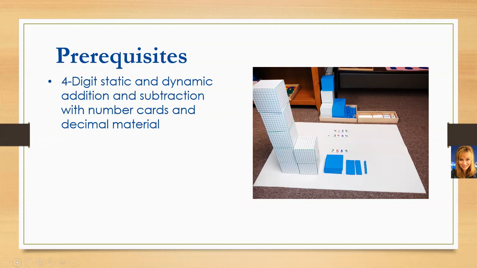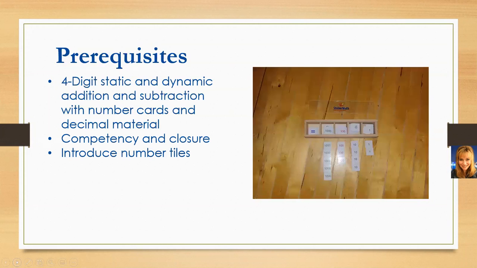So now that the child has achieved both competency and closure with those skills, we're going to go ahead and introduce the number tiles. Again, we're moving the child to the next step in abstraction towards that ultimate goal of just using pencil and paper.